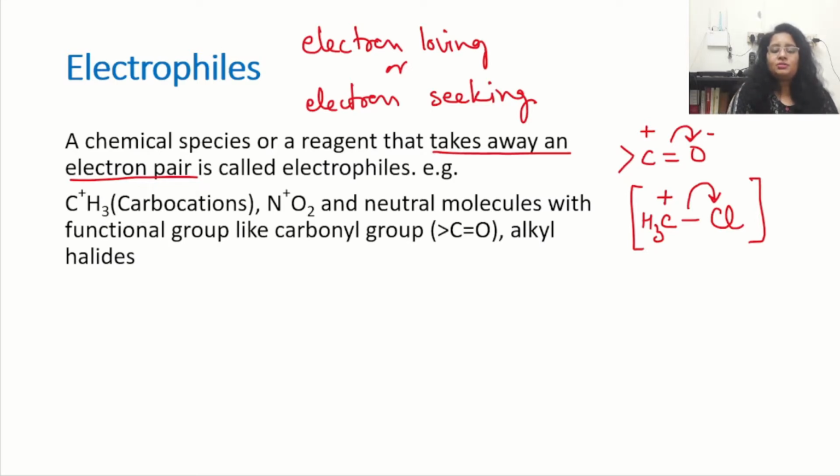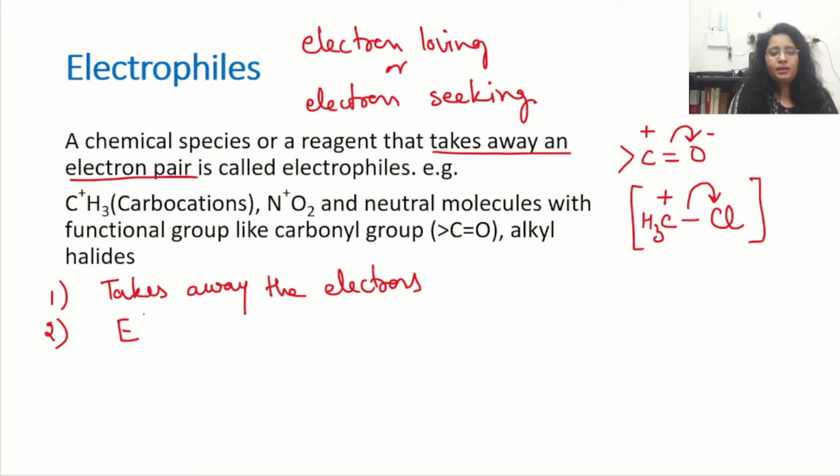So this is the story of the electrophile. Let's have a look at the properties. The first property is it always takes away the electrons. Second, it is denoted by the letter E and a plus charge. The third property is it is an electron deficient species.